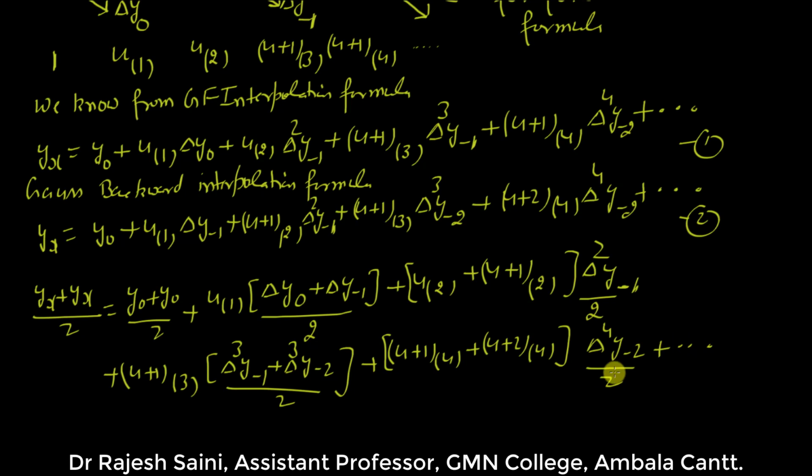Because we are taking the mean, we are dividing by 2, like here. Add up these two terms, divided by 2, add up these two terms, divided by 2.